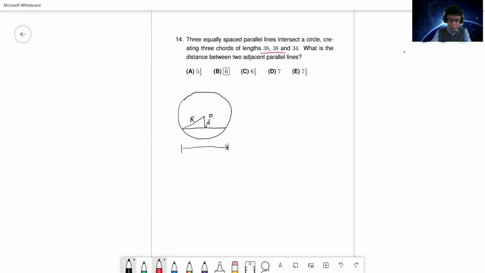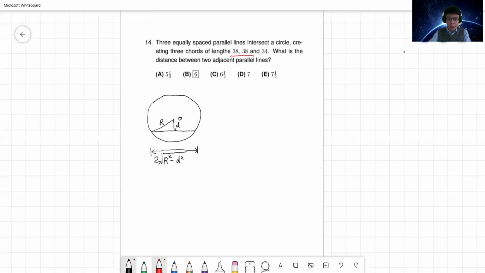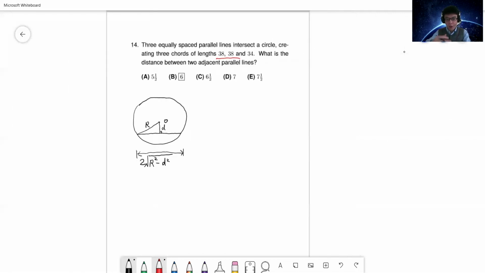The length of the chord should be the square root of r squared minus d squared, times 2. And now we have 2 chords of the same length. They must be on 2 sides of a diameter, and they have the same distance from the center of the circle.